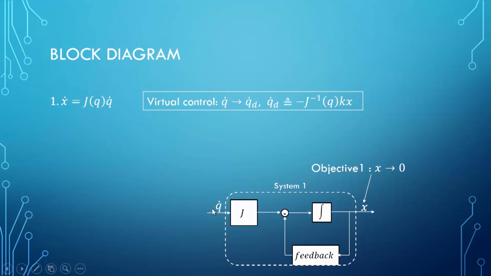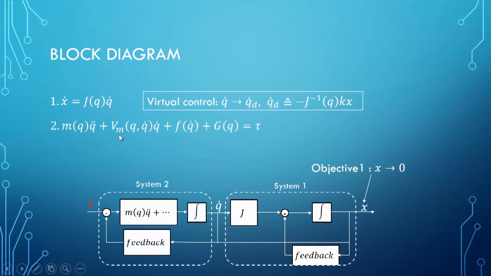Let's drive this q dot to be qd dot. So for the first system, that's all you need to do: design the qd dot, the desired signal for this system. And here is the second system, right? It takes torque as an input and outputs q dot. And the objective for the second system here is to enable q dot to track the desired trajectory such that objective one can be guaranteed.